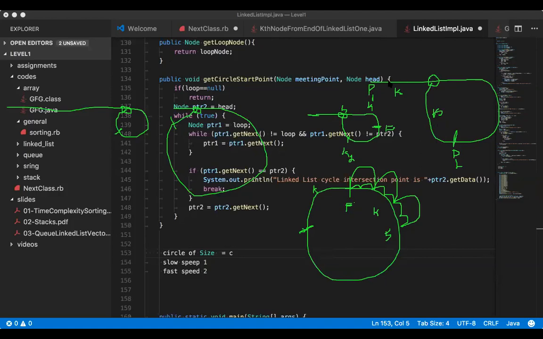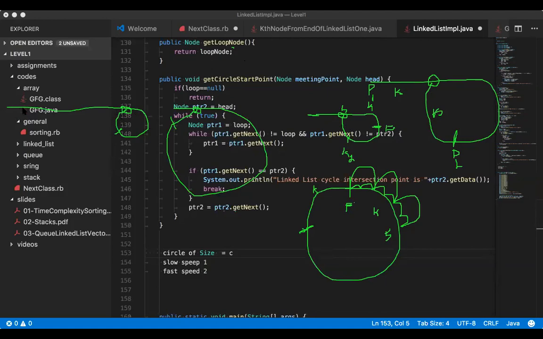The thing is, what you have to prove is that either this will be equal to this, or this full length plus this is kind of n into k plus k.